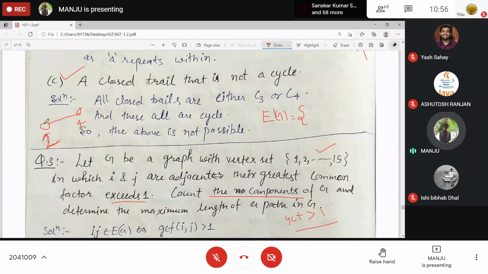So 2 will be adjacent to all the evens: 4, 6, 8, 10, 12, and 14. Clear? So there is no edge from 1 to anything.